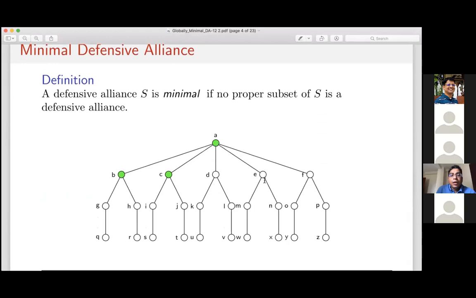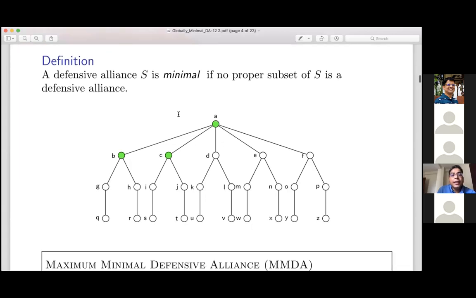But still, every member in the alliance is important because of this property that any subset is not a defensive alliance. So if you remove a single vertex from the alliance, then it will not remain a defensive alliance. So every member in the alliance is important. So that's the motivation behind looking for the maximum size minimal defensive alliance.